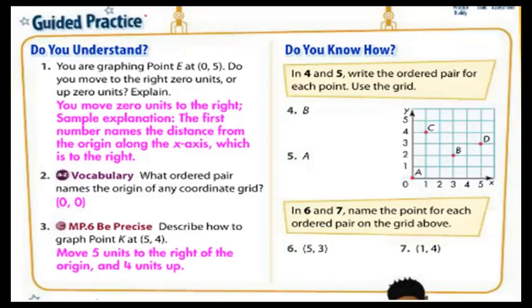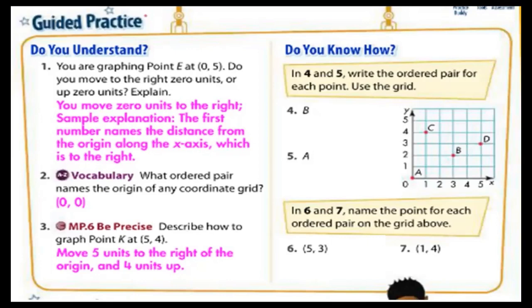I will give you the opportunity to ask and share your question. So number 3, move 5 units to the right of the origin and 4 units up. Okay. Now pay attention, and I want you all to concentrate on the following question. It's the most important one in our lesson.